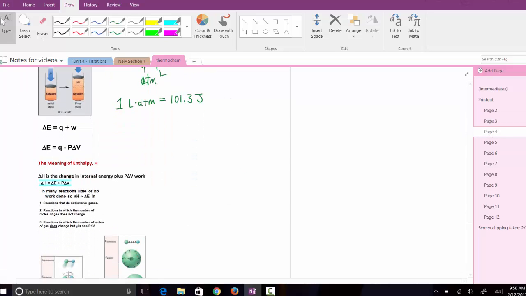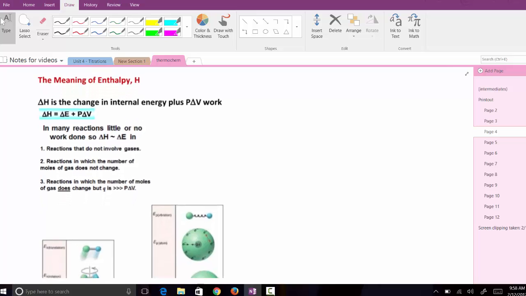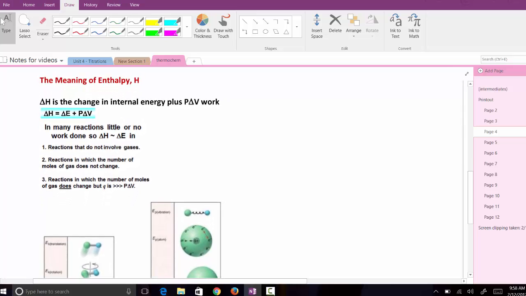Okay, so we're going to jump down here. And the key thing is I put this in here because you'll see in your textbook that they have kind of this discussion about really what enthalpy is. Enthalpy is a combination of our change in energy and the work that is done. The key thing to remember is that most of the time we are doing reactions in open containers.